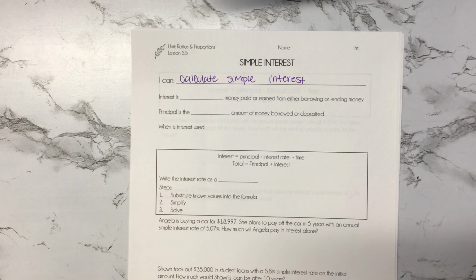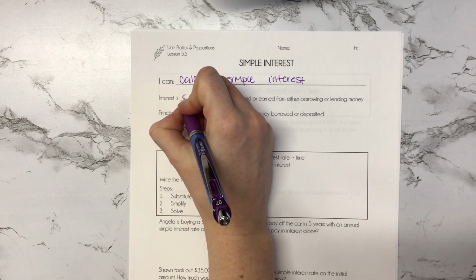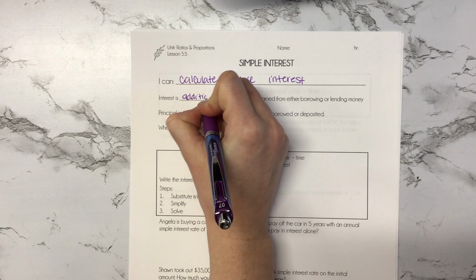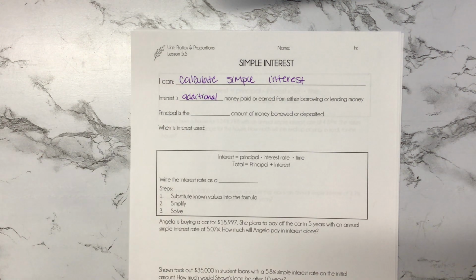All right, so interest is additional or extra money that either gets paid to you or paid to someone else for borrowing or lending money. So when you take out a loan at a bank, they have an interest rate. So you have to pay them back the money you borrowed plus a little extra, just like insurance that they get it all back.